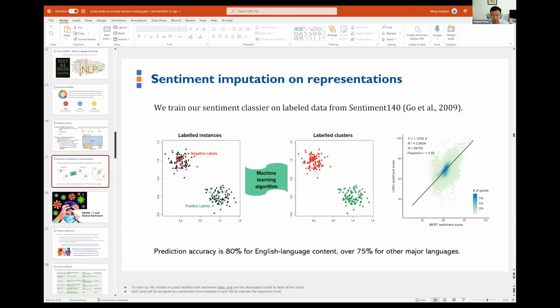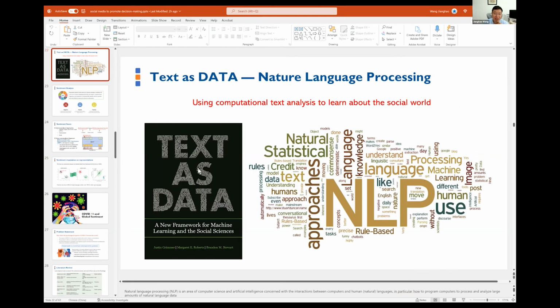We also conduct independent validations. You can check our paper, especially the appendix, where we have a very detailed explanation of how we check the accuracy of the classifications. As you said, there is not only BERT but also other state-of-the-art techniques. I highly recommend you read this book, Text as Data.